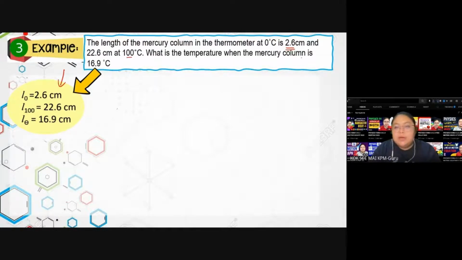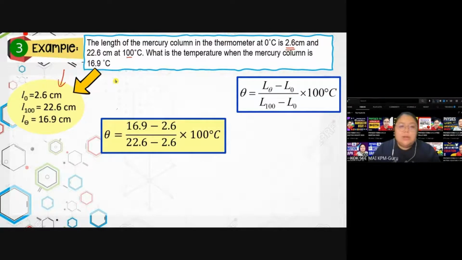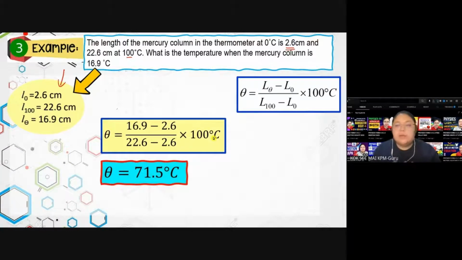So when put inside, the mercury becomes 16.9. So I need to find what is the temperature. Apply the same formula: 16.9 minus 2.6, over 22.6 minus 2.6, multiply 100 degrees Celsius. So the answer is 71.5 degrees Celsius. This question is quite simple, so I will ask, will teaching become faster?